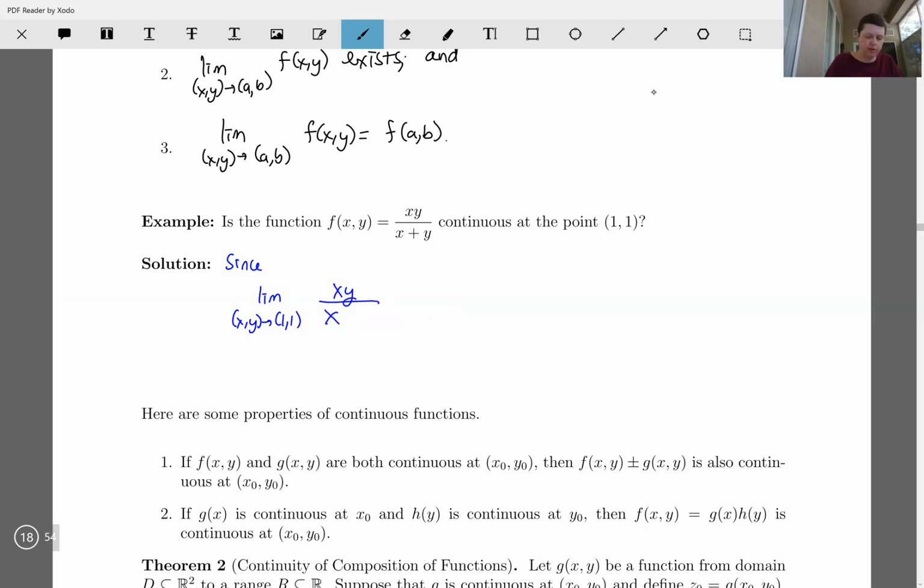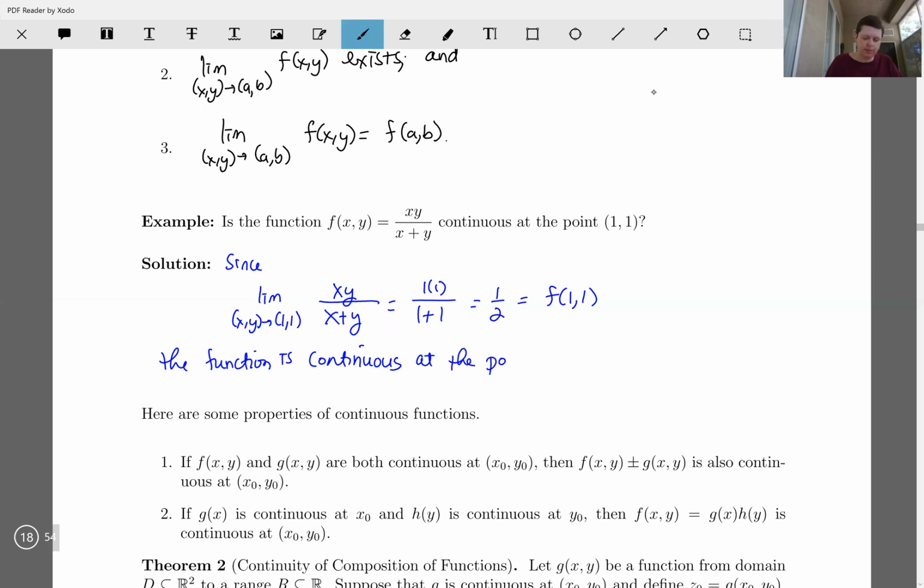For a function like this, that's not defined in a piecewise sense, we just plug in the values and see if it works. That's equal to f of (1, 1), so the function is continuous at the point (1, 1).